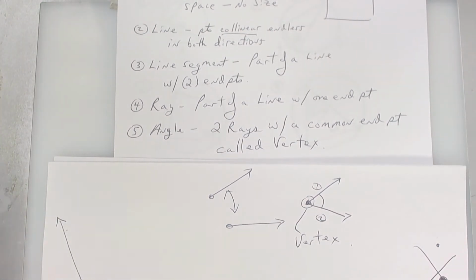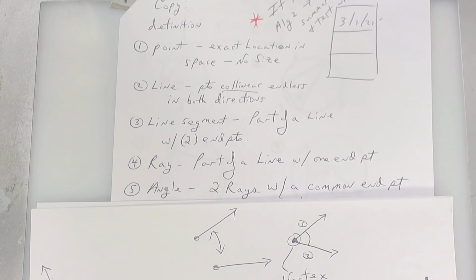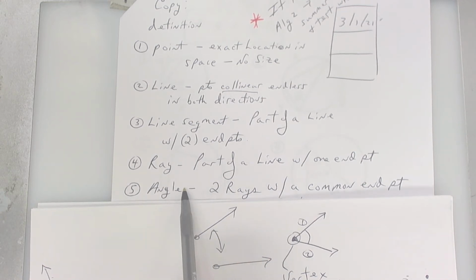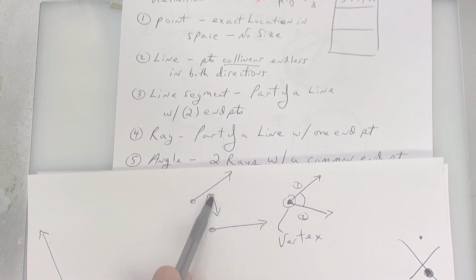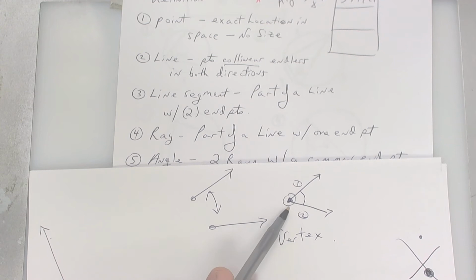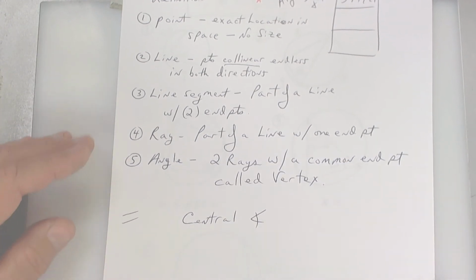All right, so to rehash, a point, there's no skinny point and no fat point. It's just a location in space. A line goes on in both directions. A segment has two endpoints. A ray has one endpoint and goes on in one direction. And an angle is two rays connected at a common point called a vertex. Kind of like your elbow. All right, let's go on.